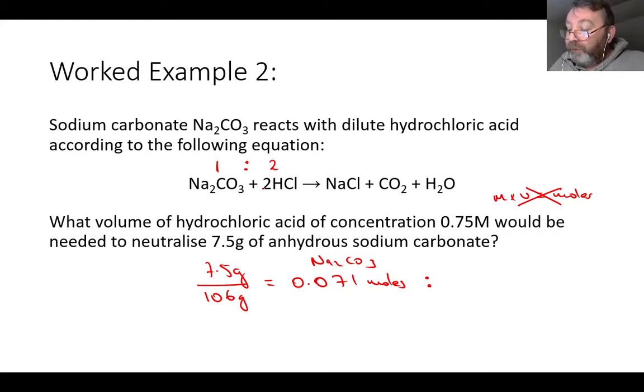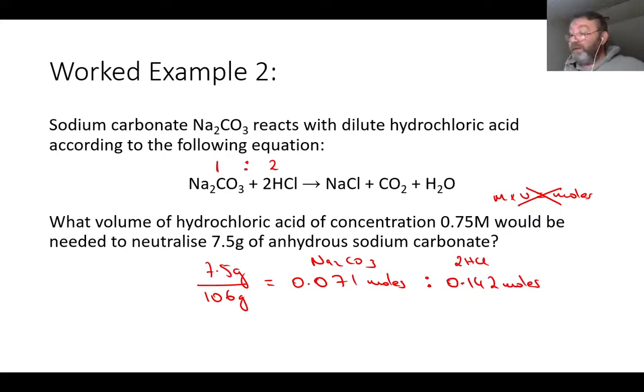The ratio of reaction is 1:2. So therefore, there will be twice as many moles of HCl as there is Na2CO3. So when I multiply 0.071 by 2, and again, don't take chances, always use your calculator, you get, as we expected, 0.142 moles.